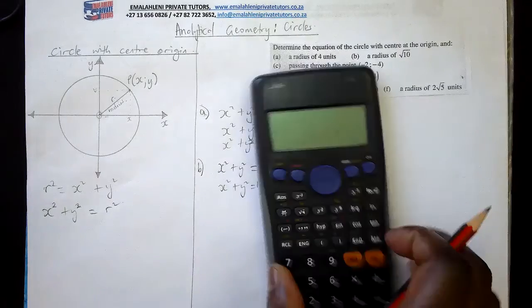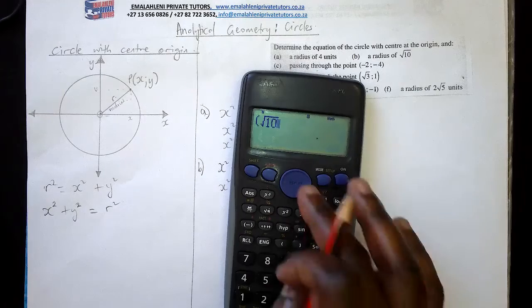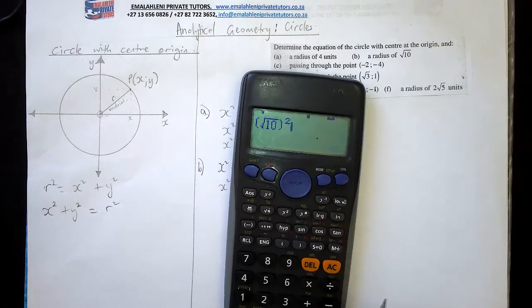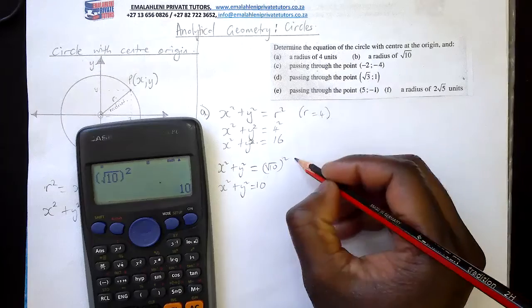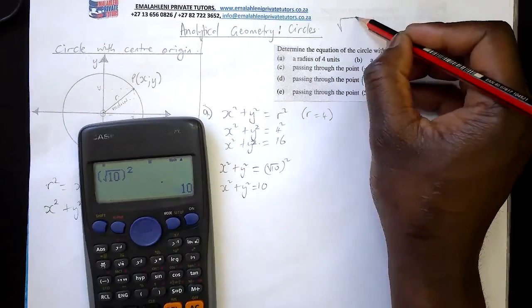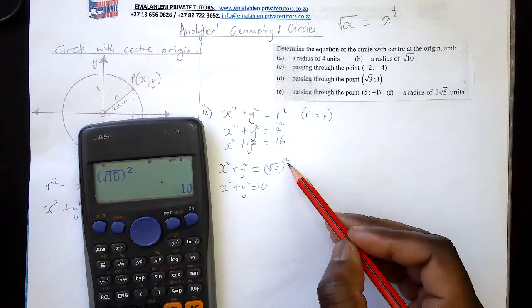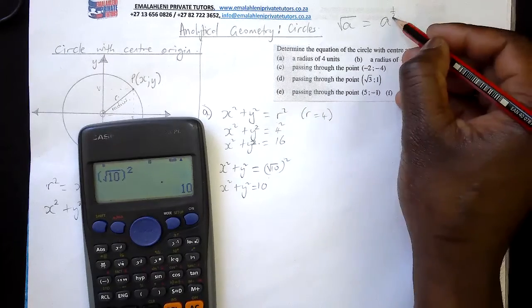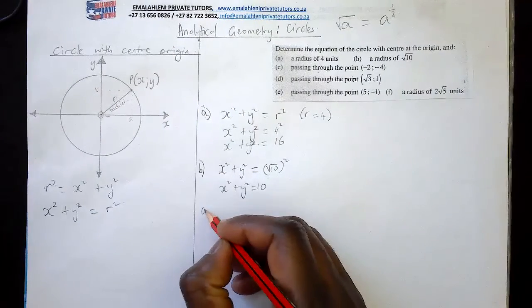If you say root 10 and you square that, you get 10. In other words, when you say root of A, it means A to the power 1 over 2. So when you square that, 1 over 2 times 2 gives us 1, leaving us with 10 only, okay?